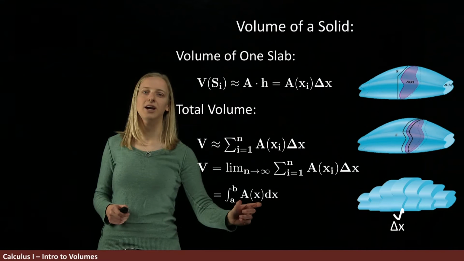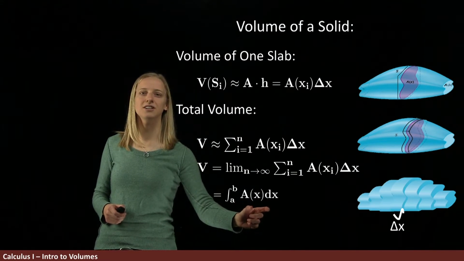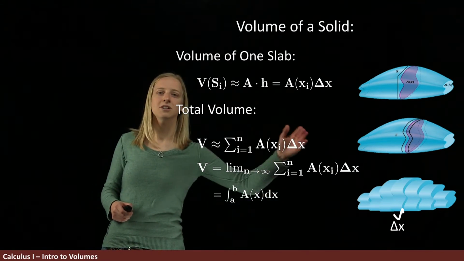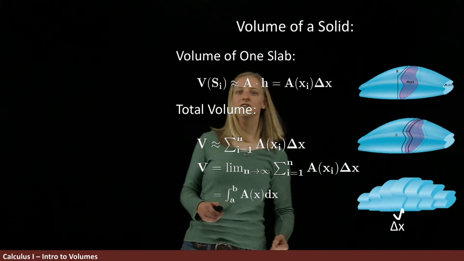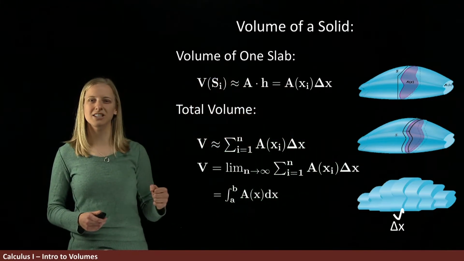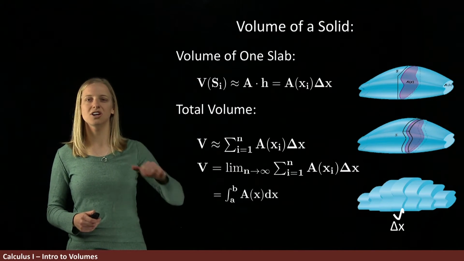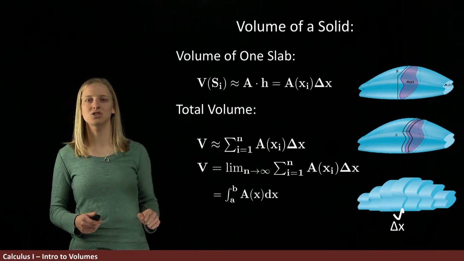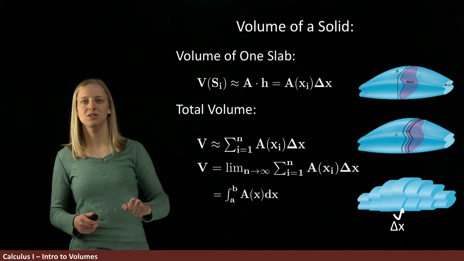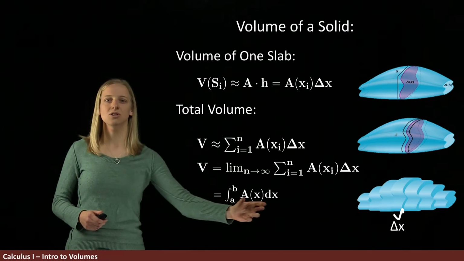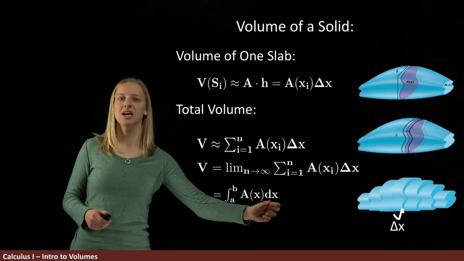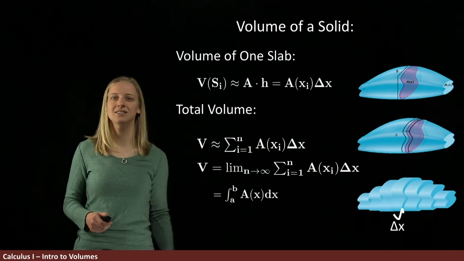And then you have your A of x, which is the area of that cross-section. In this case, that's the loaf of bread cross-section, or if you think back to the right circular cylinder, the cross-section was the circle, or for the rectangular one, you had the rectangle. So it's that area, and then again, times that height.